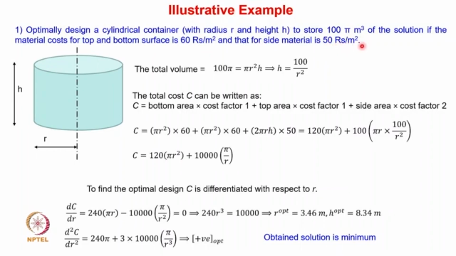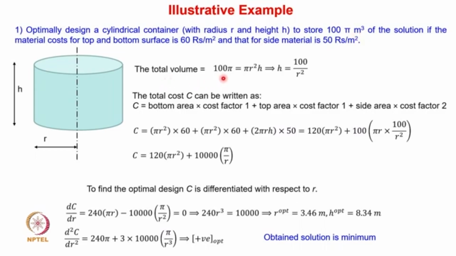You can see that the material used at the top and the bottom costs 60 rupees per meter square, whereas the material at the lateral surface area costs 50 rupees per meter square. Now the total volume is given as 100 pi meter cube, that is the capacity we want, isn't it?